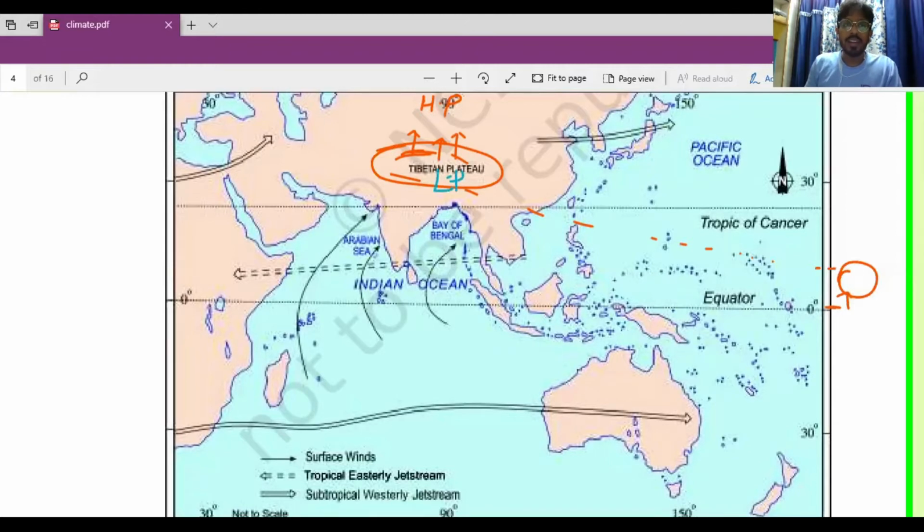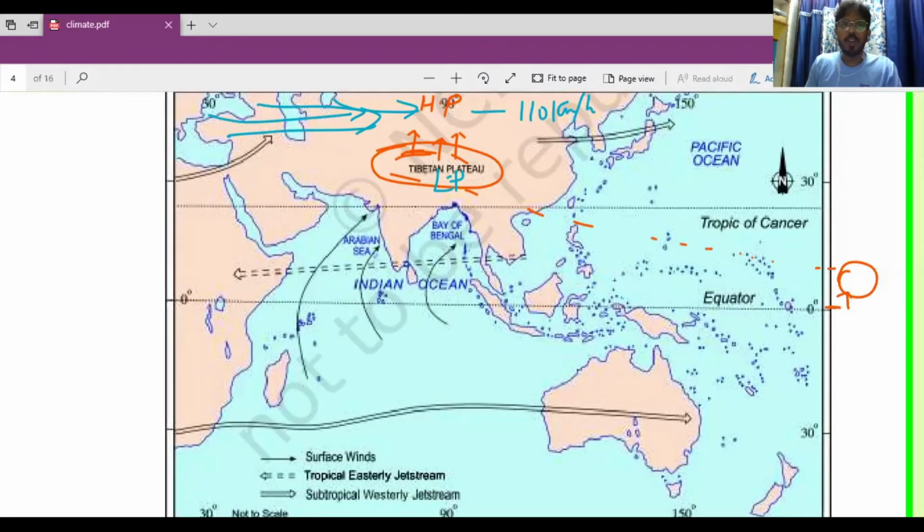So it will attract fewer winds on the Tibetan plateau in comparison to winters. In summers, its speed will be 110 kilometers per hour. In winters, its speed goes beyond 184 kilometers per hour. So this is the basic difference.